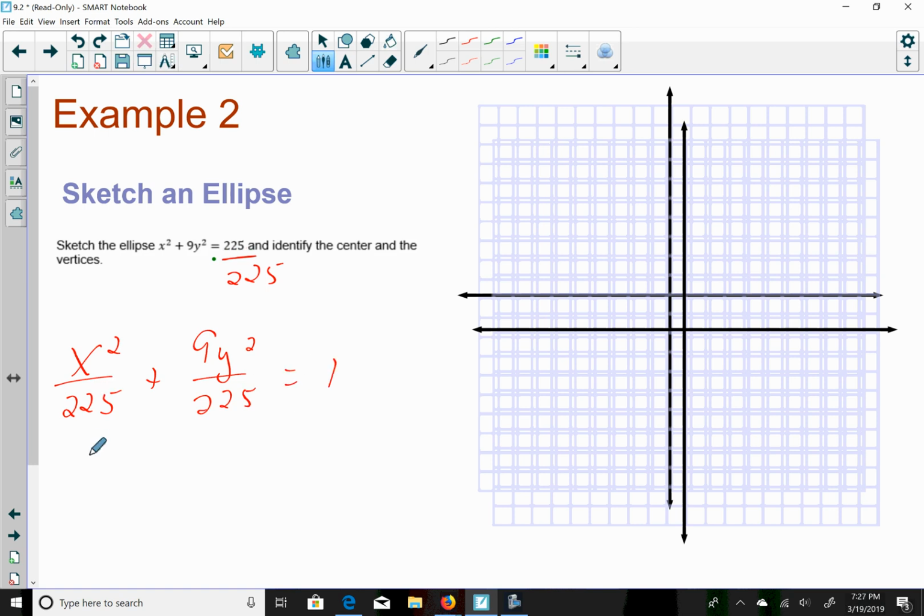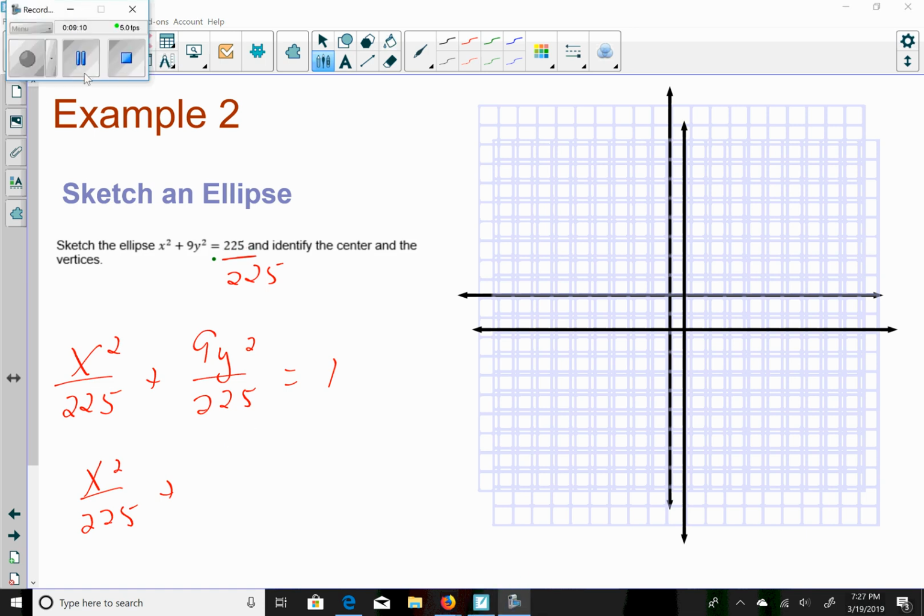This x squared over 225 I'm going to leave. To simplify this 9y squared over 225, I can either put 9 over 225 in my calculator, and it will give me a fraction of 1/25, or I can divide 225 by 9.